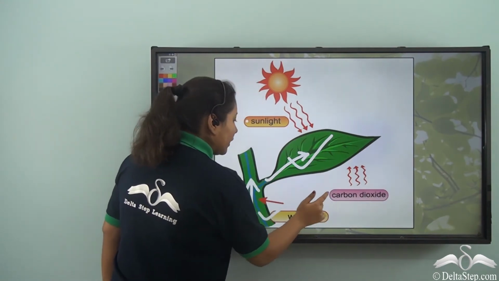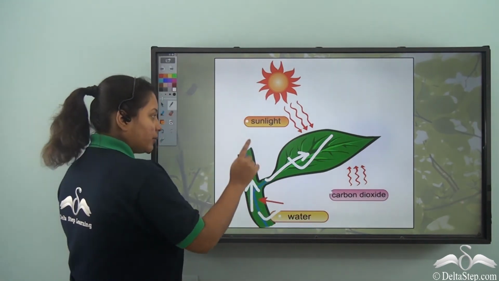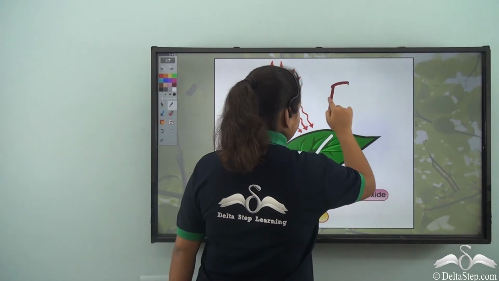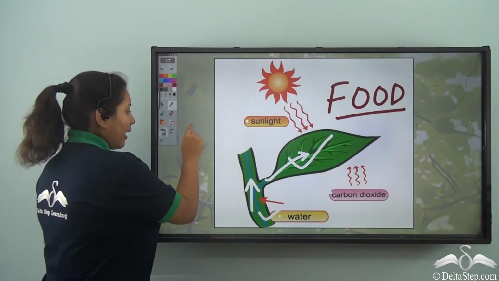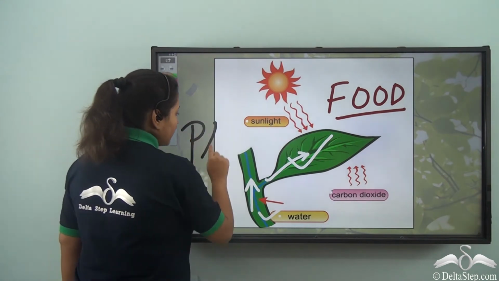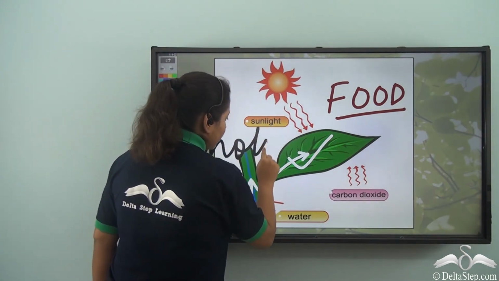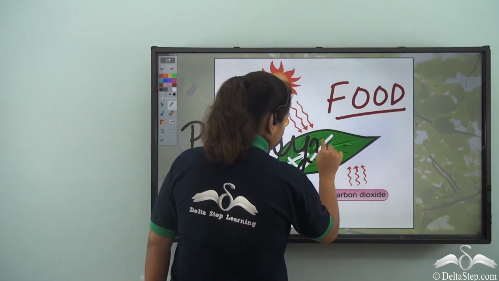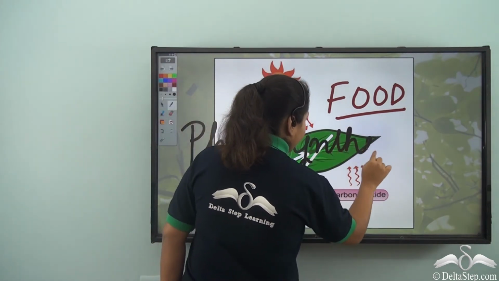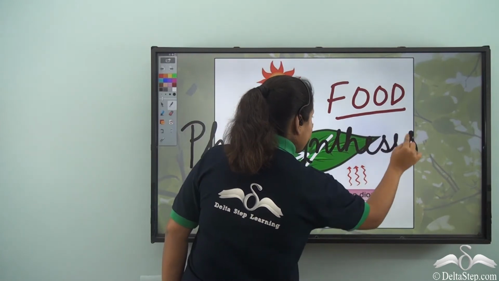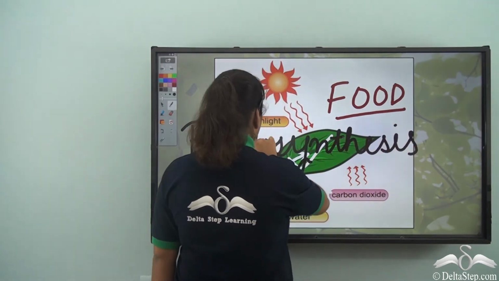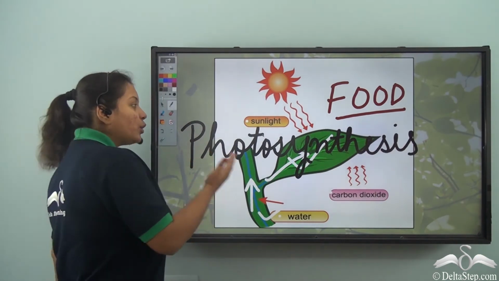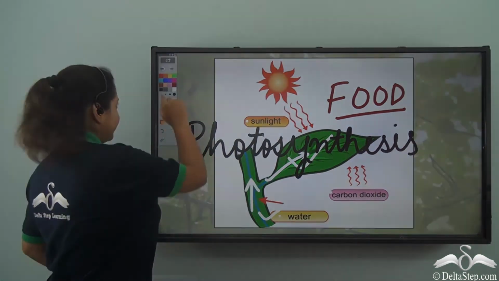So after taking all these three, the leaf makes food. And the process is known as photosynthesis. So, veins are a subpart of leaf and they help in preparing food through photosynthesis.